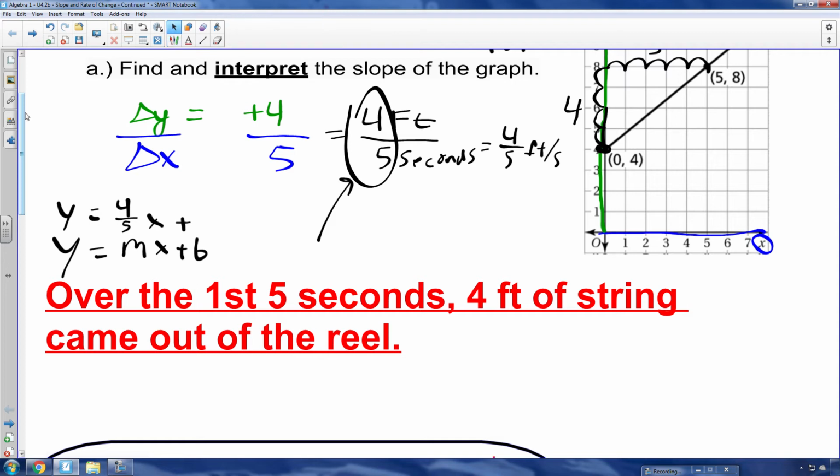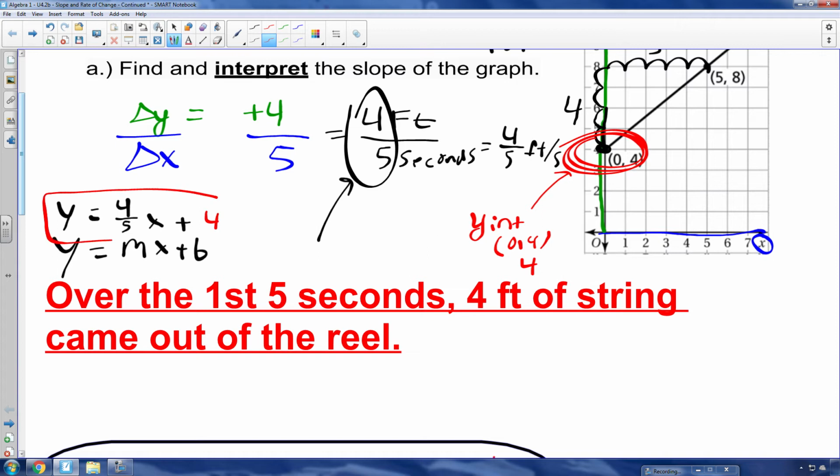We know from previous videos that the y-intercept is where we intersect with the y-axis. It's right here. So the y-intercept is (0, 4), but more importantly, we're just going to use 4 in this situation. So that is the equation of this line. Hopefully that's making some sense. So the red box is the equation of the line at the right.